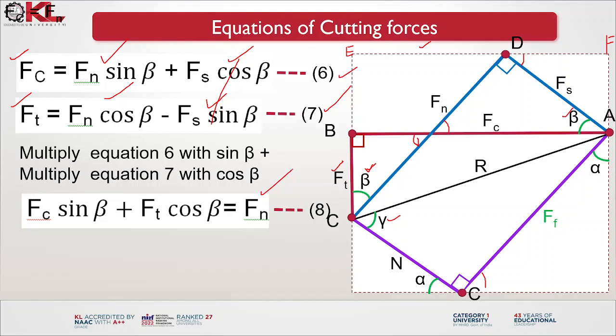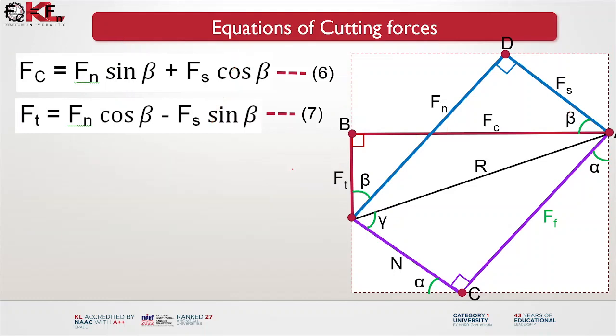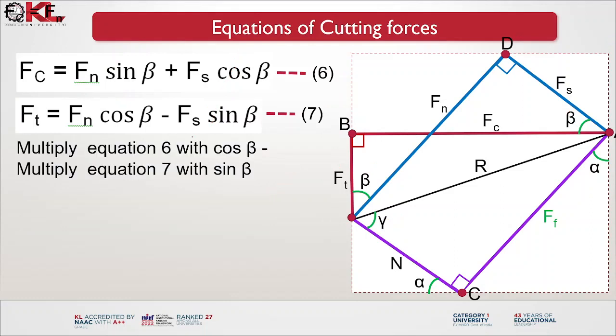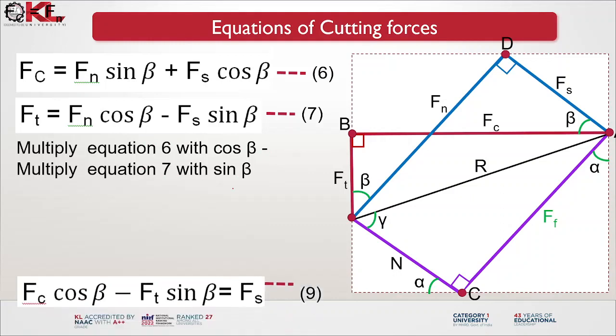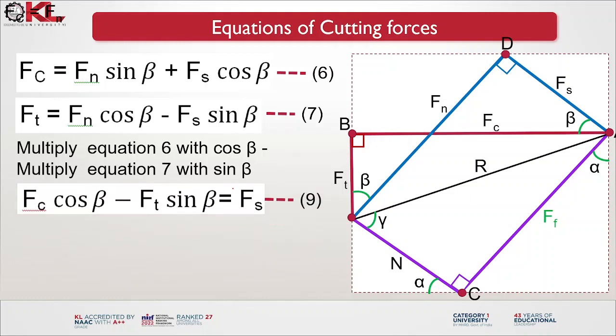Now you can do another one: multiply equation 6 with cos beta minus multiply equation 7 with sin beta. Then you can obtain another equation, that is the shear force. Now you can see that Fc into cos beta minus Ft into sin beta is equal to Fs.